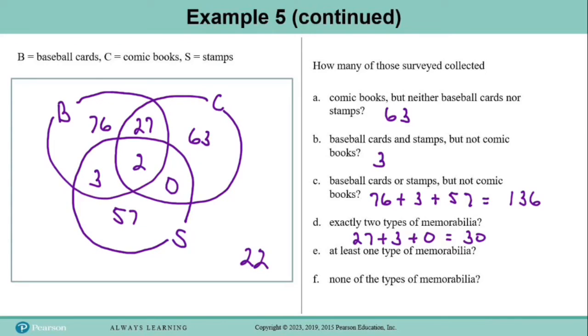But if you didn't already know it, you could just say that the total here is going to be the 250 minus the 22 who don't collect any of those things. And so the answer to part E could be calculated by saying 250 minus 22, and that would give you your 228 if you didn't already remember from when we added these all up before.